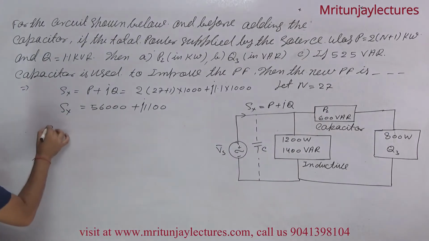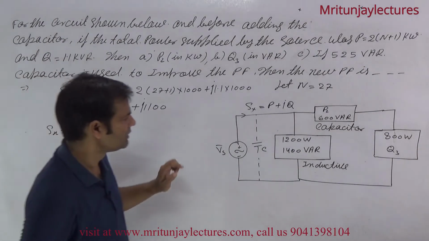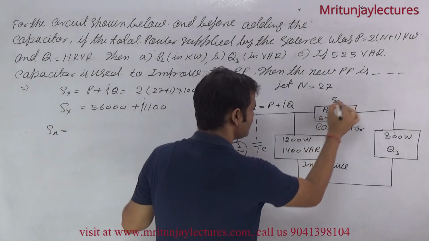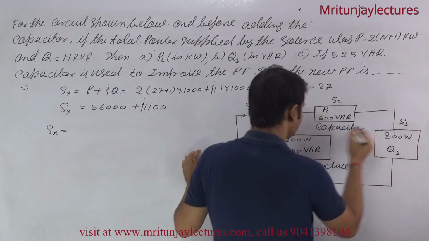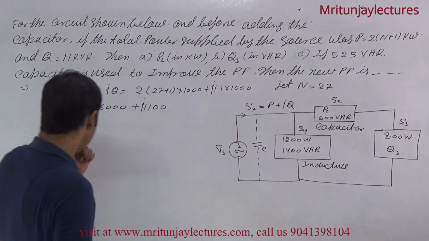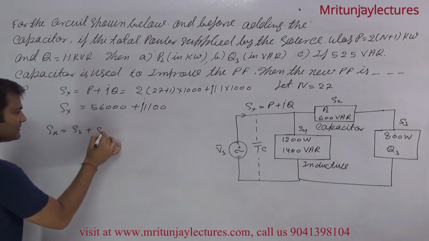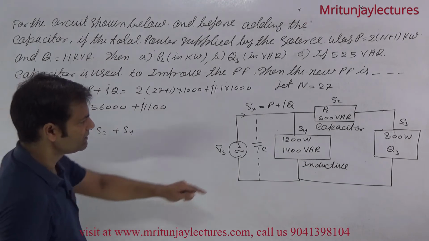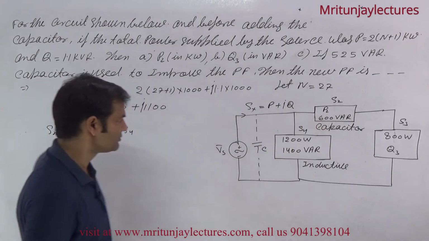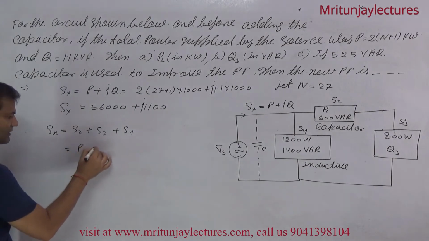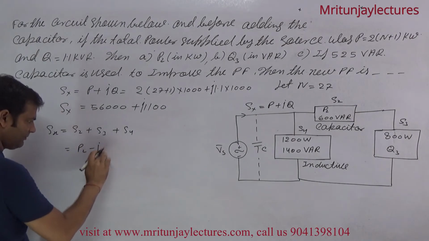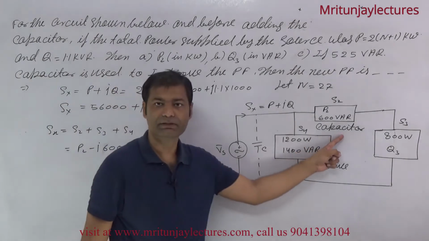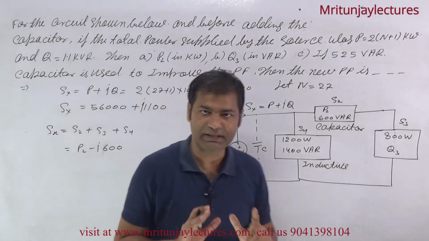So Sx is equal to S2 plus S3 plus S4. What about S2? S2 is P2 minus j600, because it is a capacitor, and capacitor reactive power is negative.